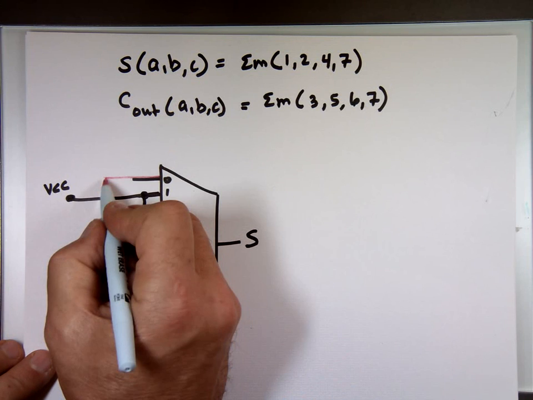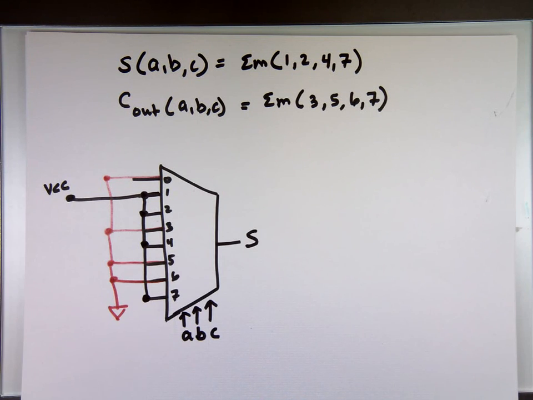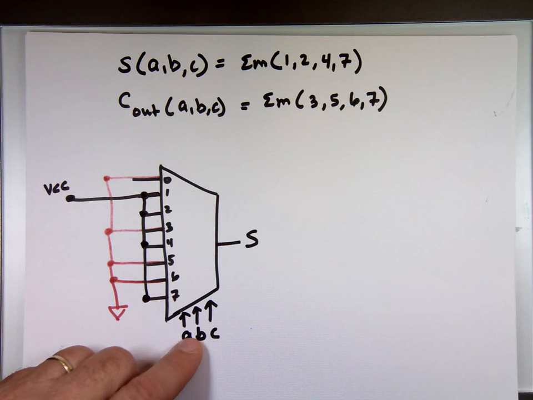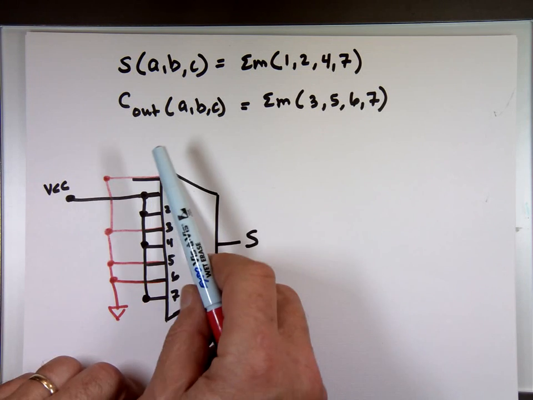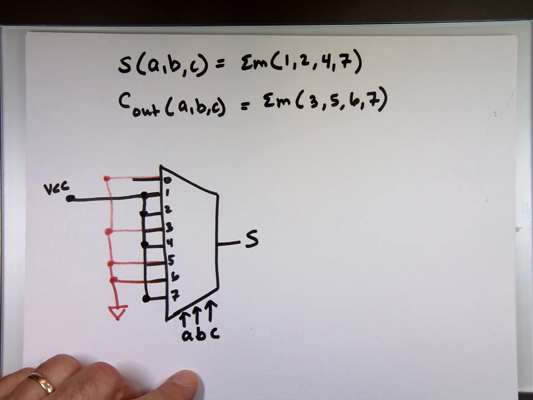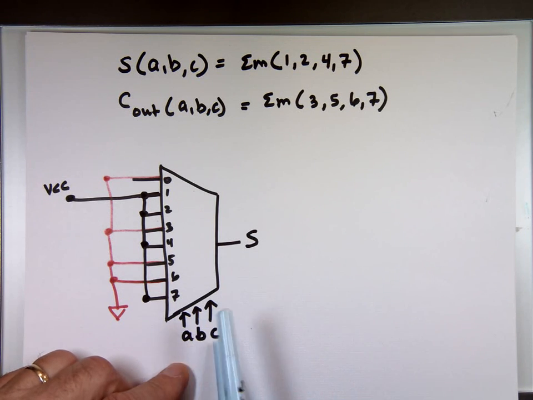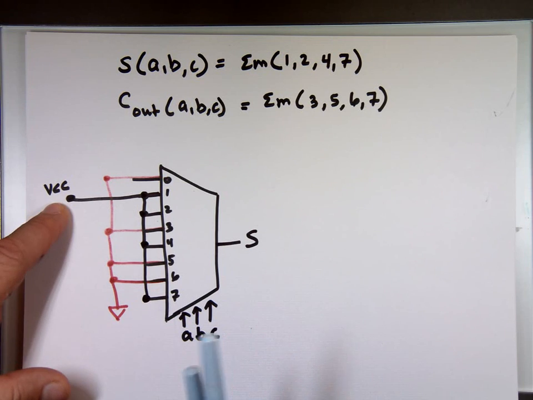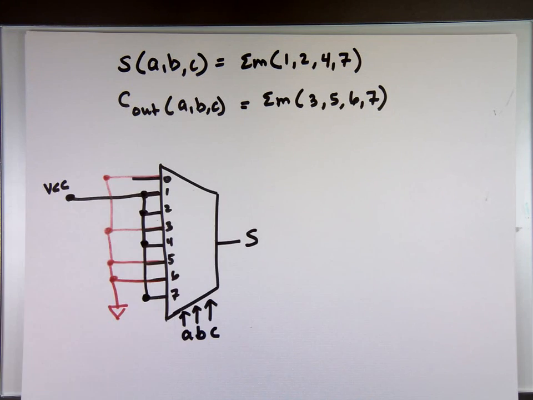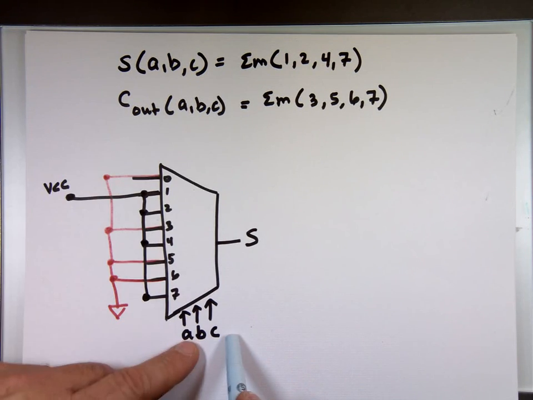Did I leave anything out? So when A, B, and C are 0, 0, 0, your output is going to be whatever you attach to pin 0, which is 0, ground. When it's 0, 0, 1, that's a 1. Your output is going to be whatever is attached to pin 1, which is 1. When it's 0, 1, 0, that's pin number 2.